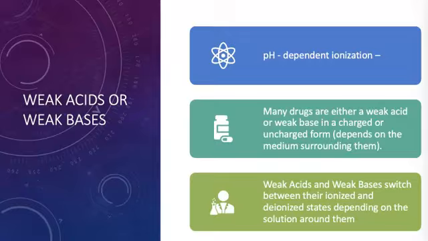That's really an important point to understand and to begin to think about. If a drug is a weak acid, it can become a weak base depending upon its environment, and a weak base may be opposite as well.